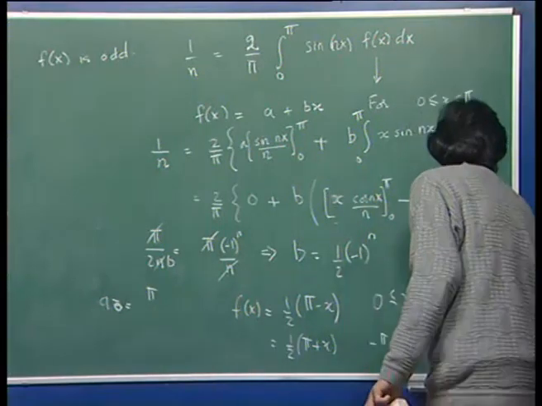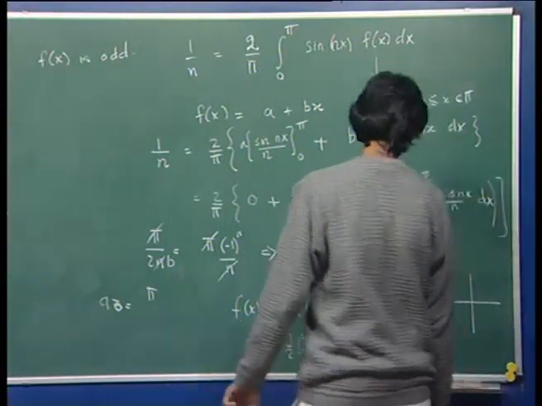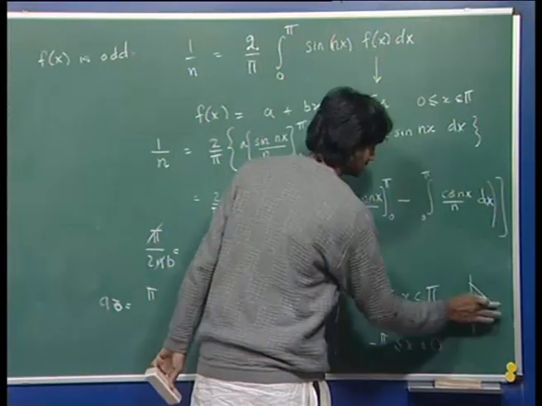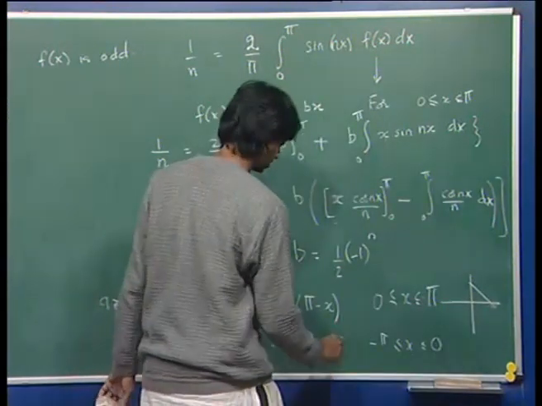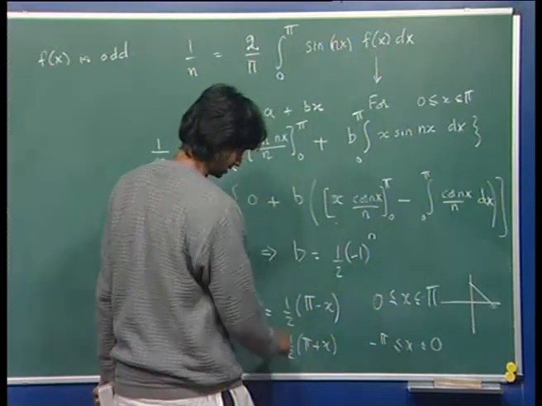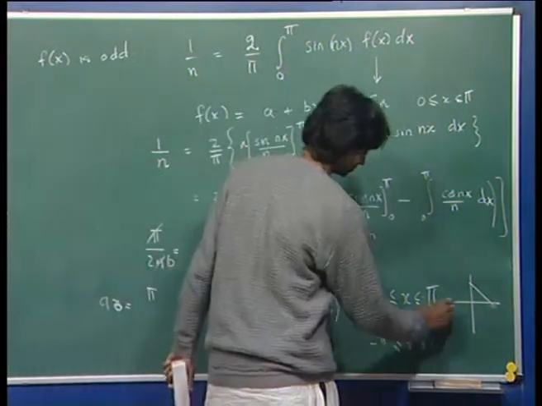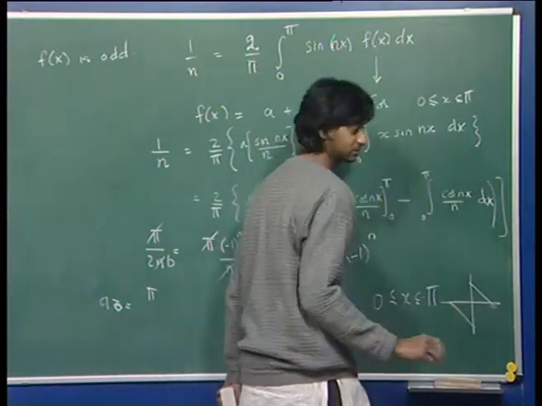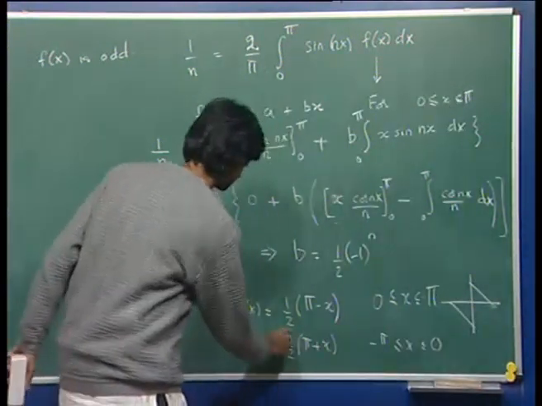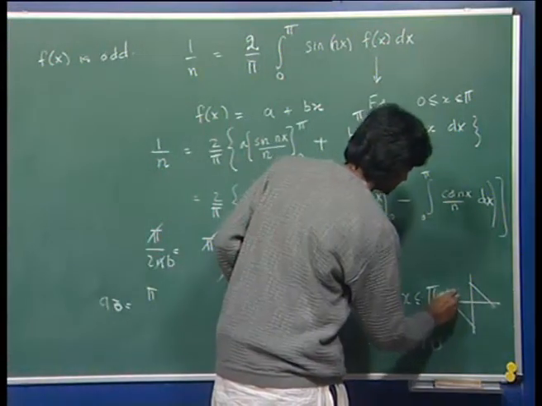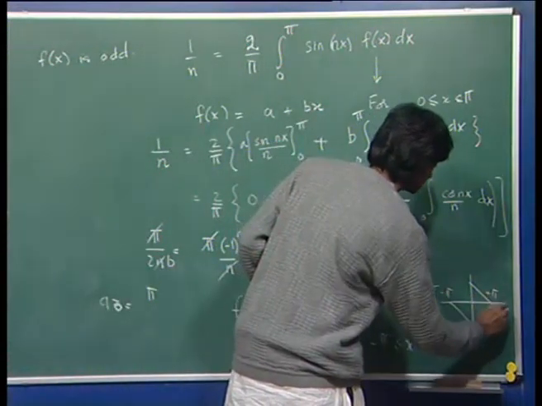So if you plot this, when x is greater than 0, this looks like pi minus x. When x is less than 0, it looks like pi plus x. So that will look like this. Okay, sorry, this should be minus. So this is minus pi, this is plus pi.